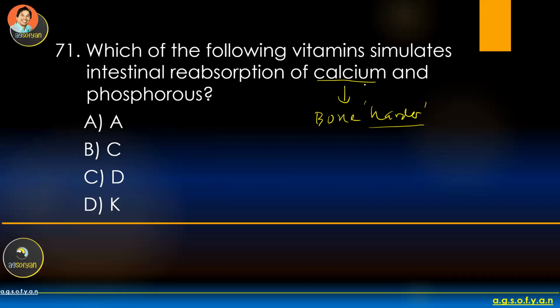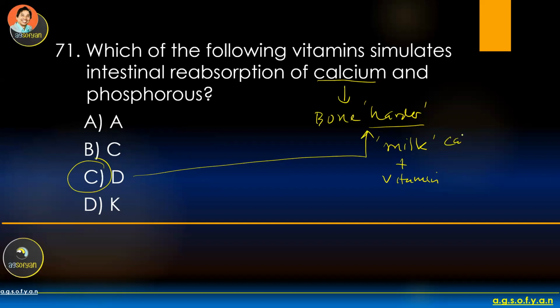And for calcium reabsorption, if we eat food that has a lot of calcium, the reabsorption of this calcium is stimulated by vitamin D. So D is the one that increases calcium reabsorption. This is the reason why they put vitamin D in milk, which has a lot of calcium in it. Vitamin D is used to increase the reabsorption of calcium in the milk.